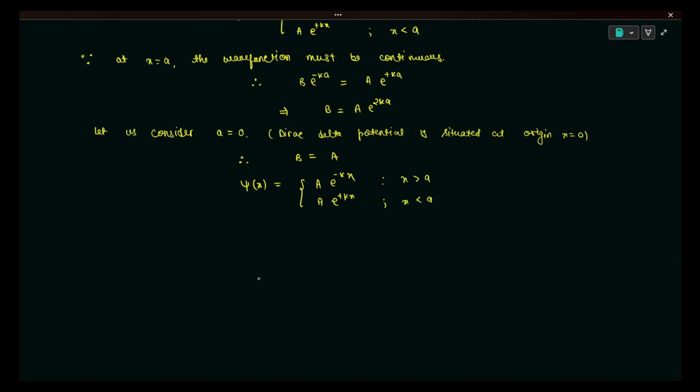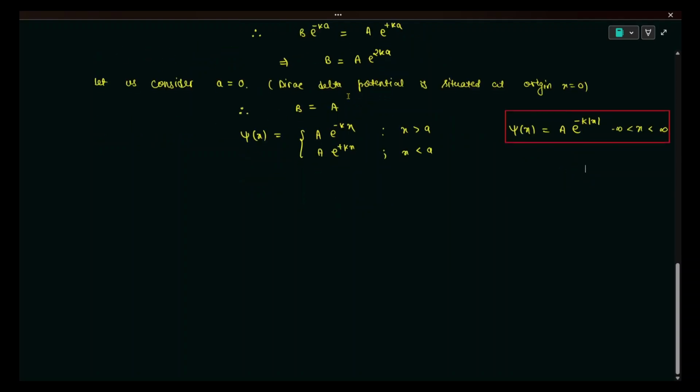So this is our wave function for Dirac delta potential. Or in a simpler way, we can write psi of x is equal to a e raised to power minus k mod of x, since mod of x is also given by this function. So here the range of x is from plus infinity to minus infinity. Okay, so this is our wave function for Dirac delta potential.